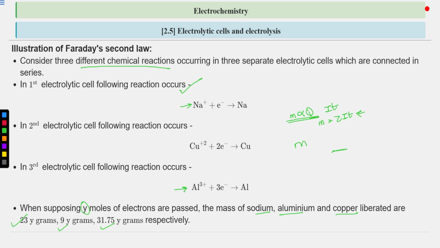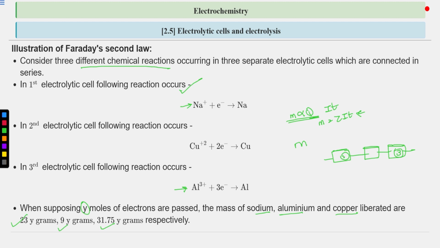Let's suppose this is the first cell, this is the second cell, and this is the third cell, and they are connected in series. Then if you start to flow some amount of electrons through the first cell, it will end at the third cell directly because they are connected in series.